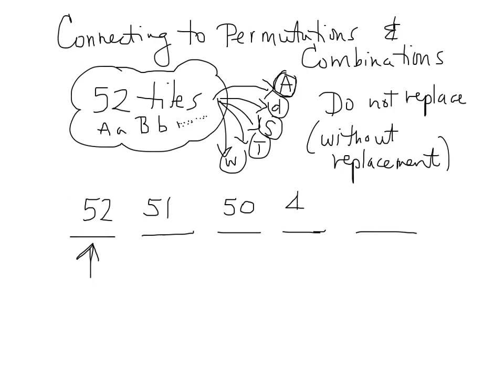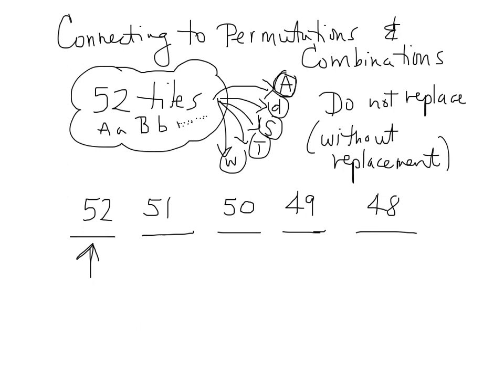And then there's only 49 left for the fourth tile, and 48 left for the fifth tile. Okay, so again, this is the fundamental counting principle. We're finding out what's the total number of possibilities for this situation. And this is also related to what's called permutations.